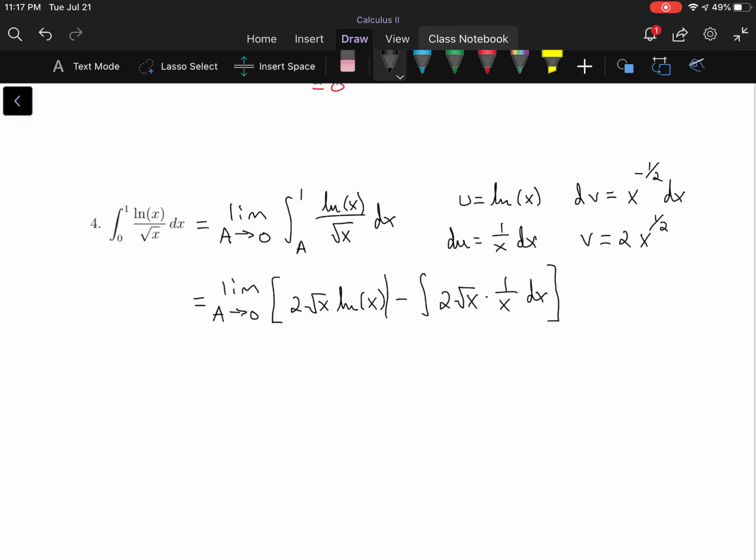This will be evaluated from a to 1, and this will be integrated from a to 1.